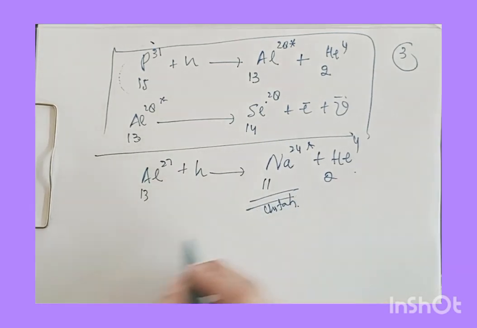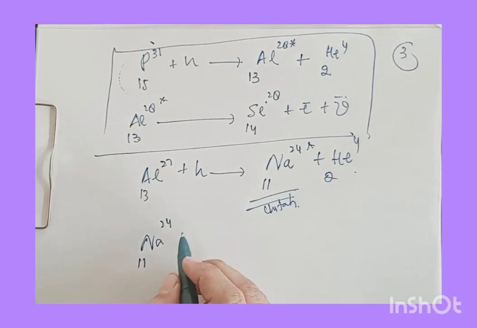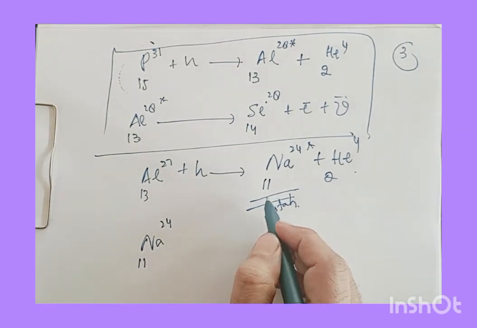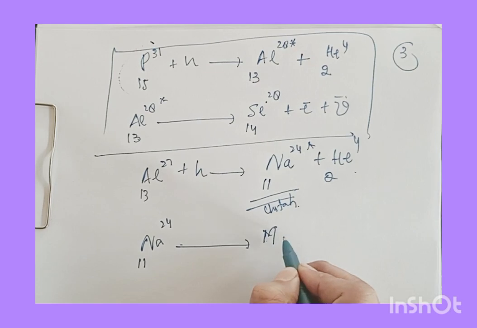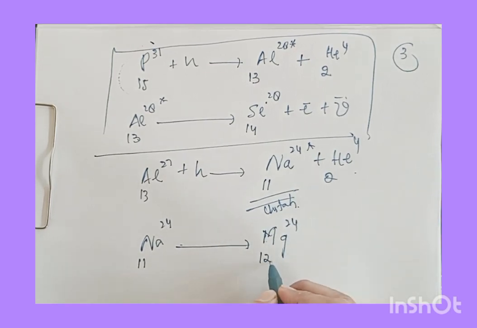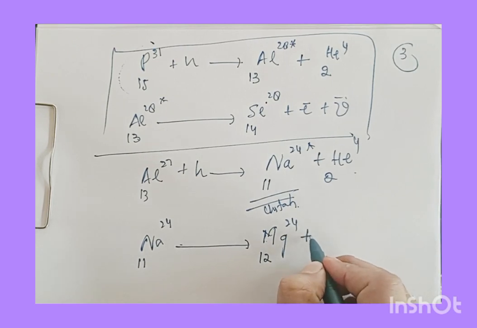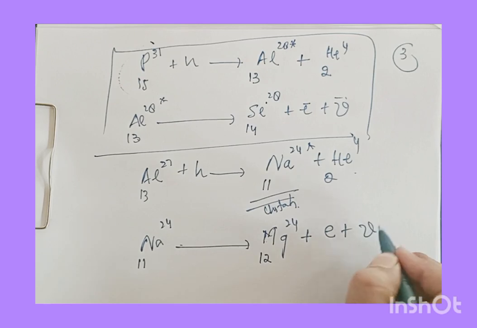This sodium 24, 11 is the radioisotope, and it decays into magnesium 24, 12, and gives out an electron, a negative beta particle, and an antineutrino.